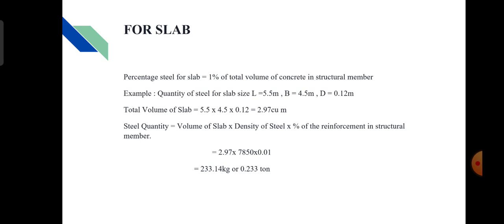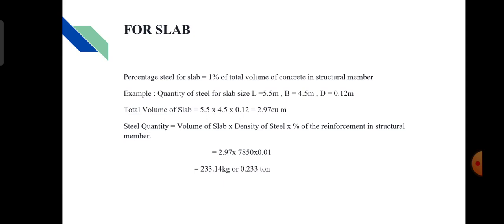In order to calculate the quantity of steel, it is given by the volume of slab multiplied with the density of steel and the percentage of reinforcement in the structural member. Here the volume of slab is calculated to be 2.97, and the density of steel is always equal to 7850 kg per meter cube, and the percentage of steel reinforcement is taken to be 1%, that is nothing but 0.01.